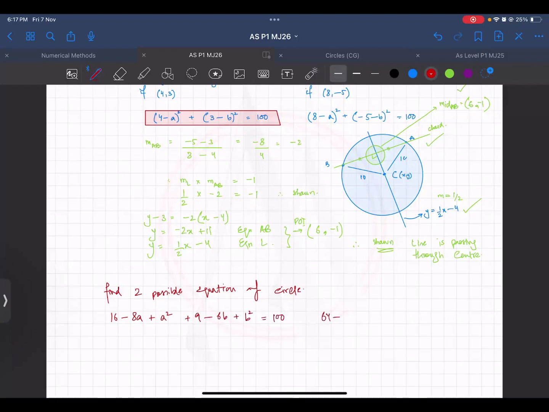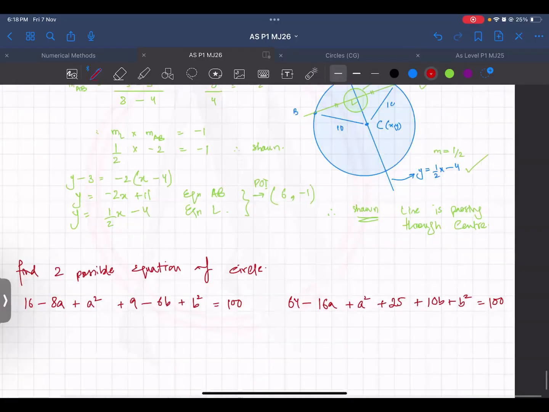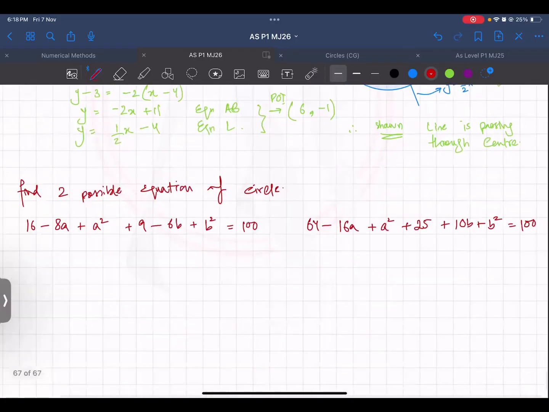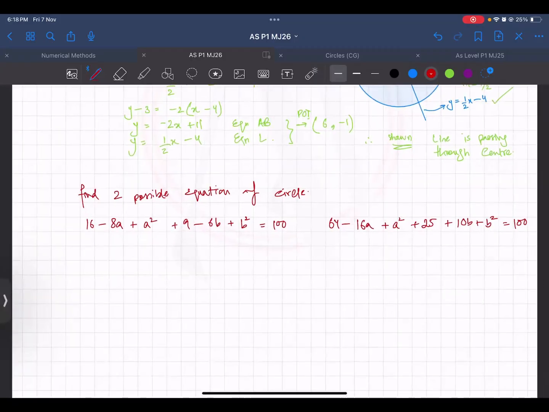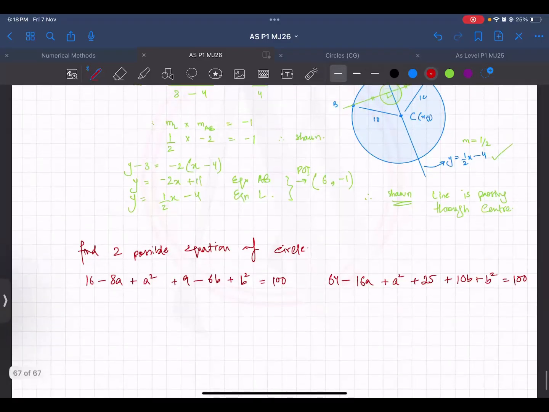And 64 minus 16a plus a square, plus 25 plus 10b plus b square is equal to 100. How would we simultaneously solve it?